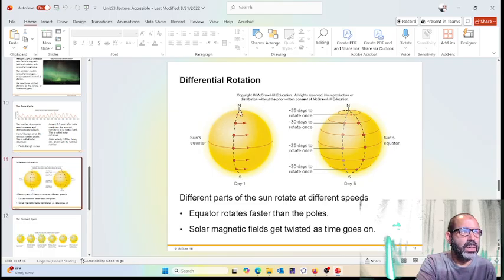As a matter of fact, if you could stand at the North Pole, you would really have no speed at all. And you can see it here. It's only 25 days to go once around the sun at the equator, whereas it takes far longer near the poles, and it slows down even further as you get to the North Pole.